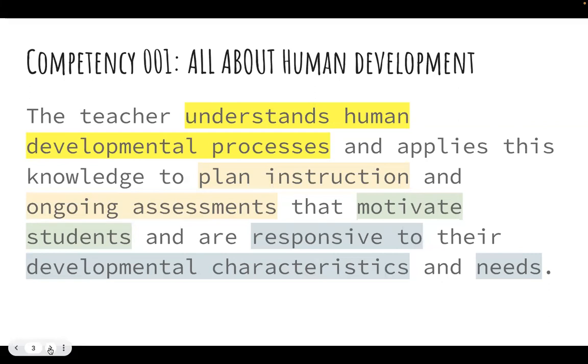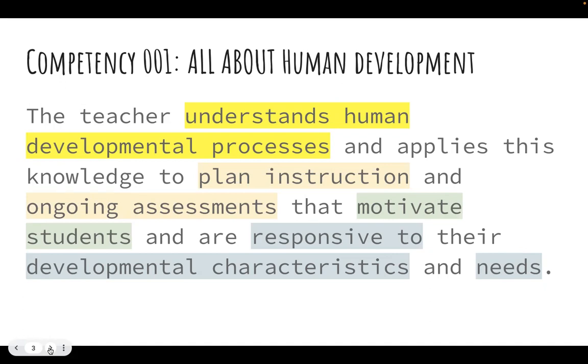And so we've talked about this many times, and I've highlighted different chunks here in different colors because I think they go together. So understanding the human developmental process, and there's a lot to that. The human is a multifaceted being, right? There's cognitive, there's physical, there's social, there's emotional, there's affective, language development. There's so many ways in which a human can be developed. And we are to know all of the theories and all of the basic stages and practices with which to help through those stages.